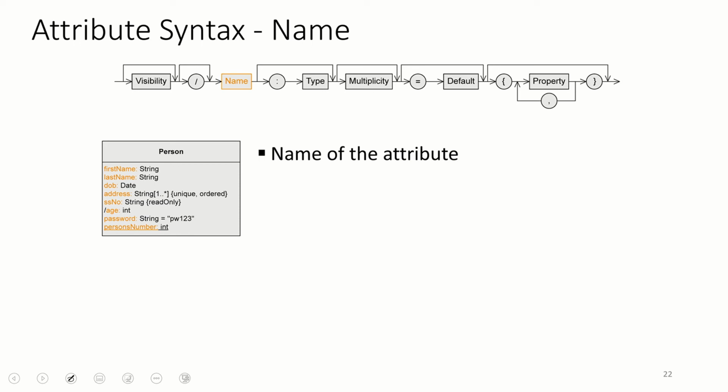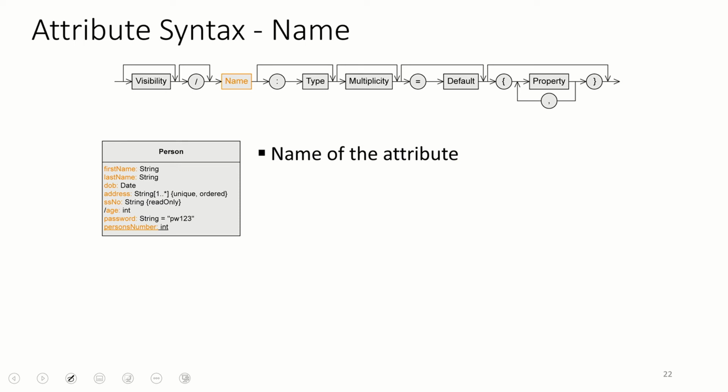Then we need a name of attributes. The name of an attribute is basically the property name, or instance variable name. First of all, you have to follow some standard or best practice. As we know, in Java, all the members, including properties and operations, methods, the first letter is lowercase.